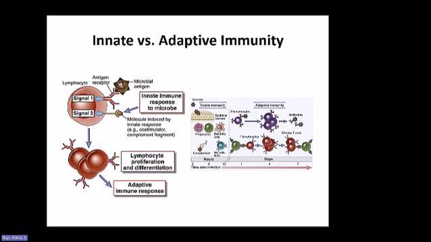The adaptive immunity should only be activated when there is a danger signal, which is the second signal. That leads to activation of lymphocytes and their proliferation, differentiation into their effector molecules, and those effector molecules provide the adaptive immune response.